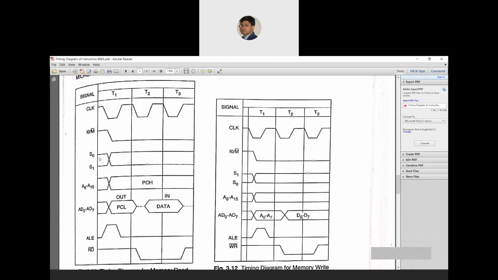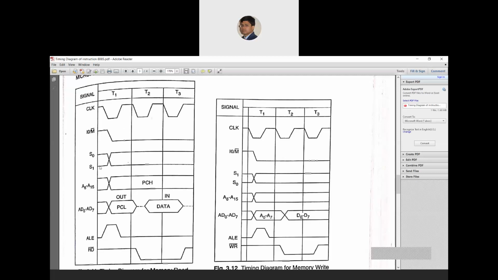To make sure that you can visualize the change of S0 and S1. If previously S1 was 1, then this crossing of states would not be there. So to visualize the proper change, previously it was in the opposite state, and for this memory read operation it is changing from the previous state to the new state.